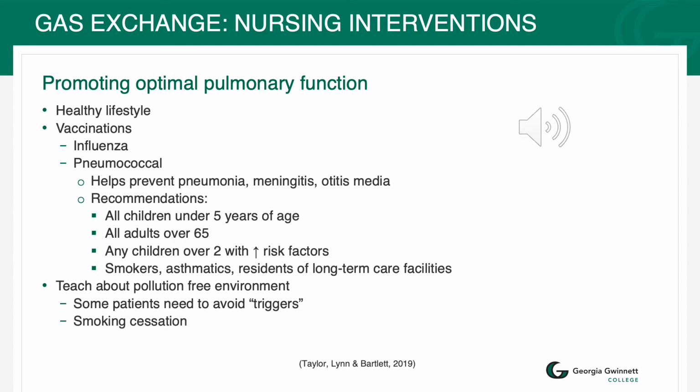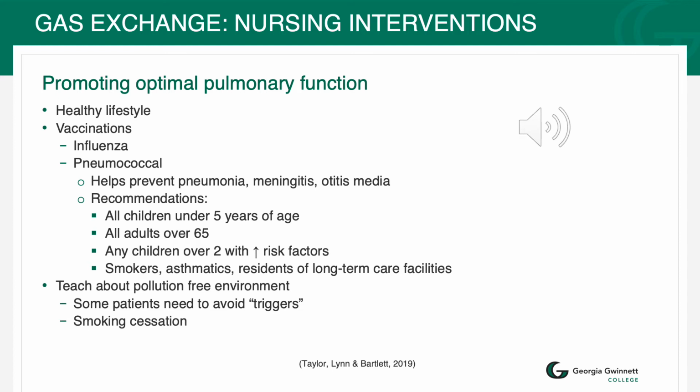Things like healthy lifestyle, making sure people don't smoke. If they do smoke, helping them with a smoking cessation plan. The pollution-free environment we talked about earlier. If someone has to go out into an environment that has pollution, which typically they do, they need to know how to avoid their triggers, and that's real important with asthmatics, and we'll talk more about that.